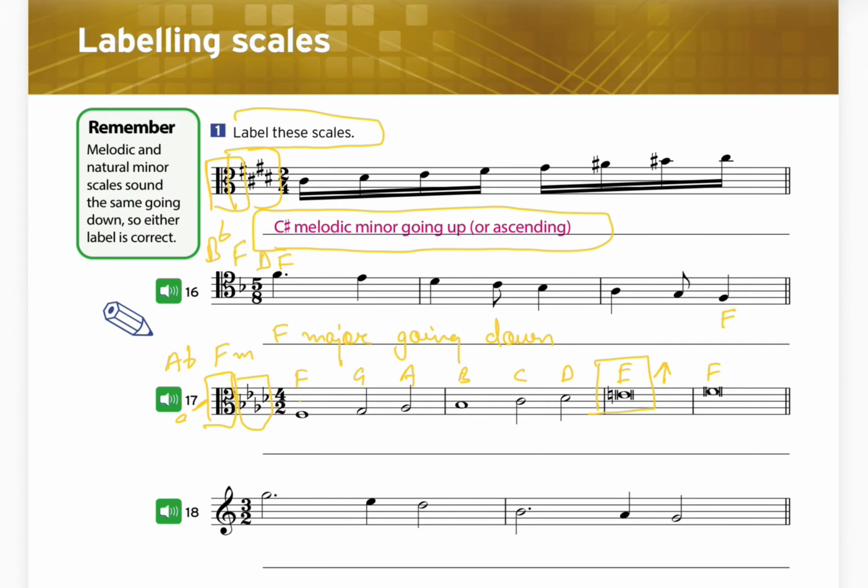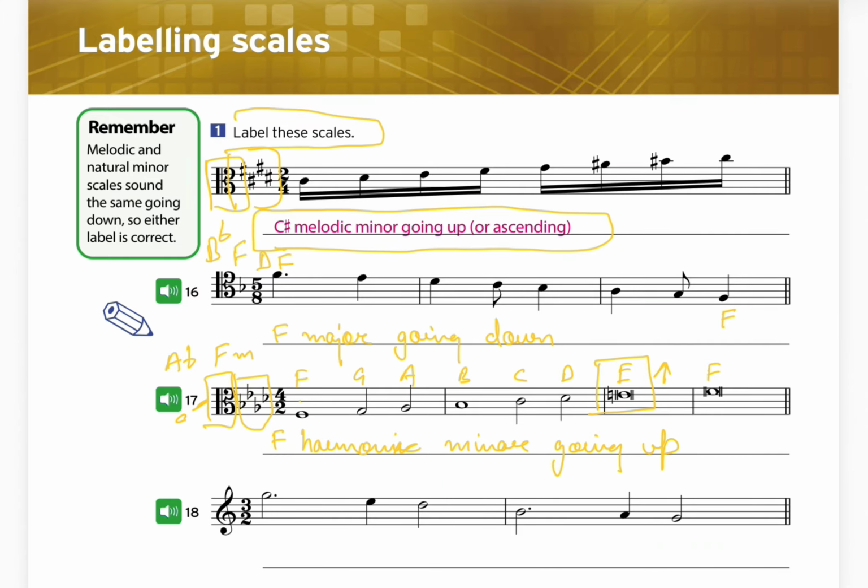That is our harmonic minor scale, where we raise the 7th degree, because in melodic we raise the 6th and 7th. Okay, so now simple here, we got it: F harmonic minor going up. Okay, or ascending order, you can write that one.